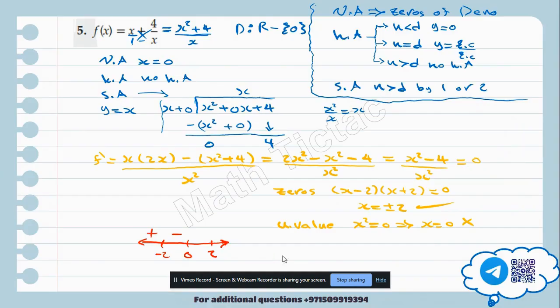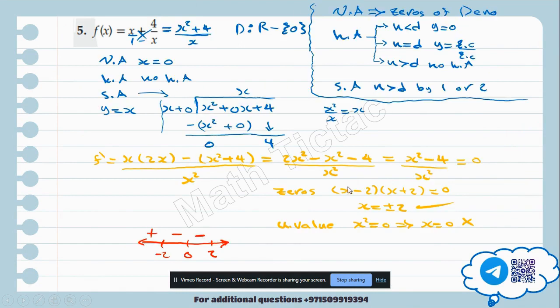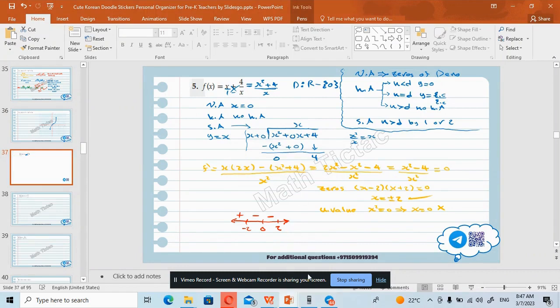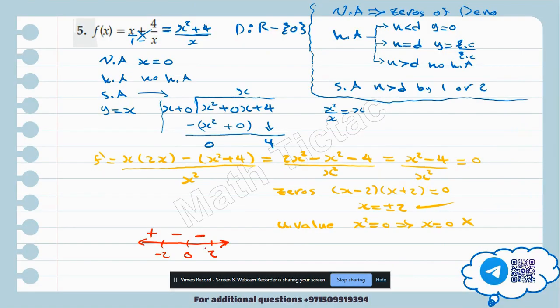So this is negative as well. And if we have a value greater than 2, let's calculate at 3, for example, it is positive. So in here we have positive. So up, down, down, up.